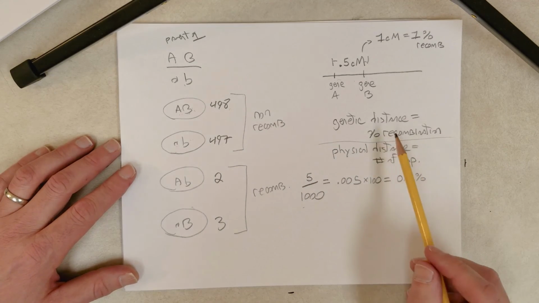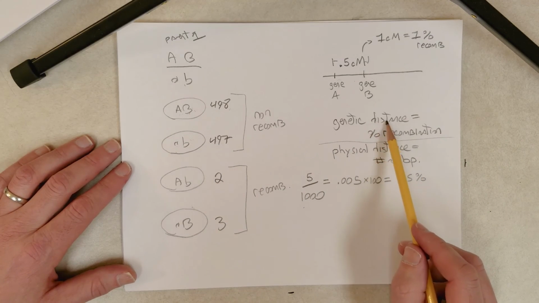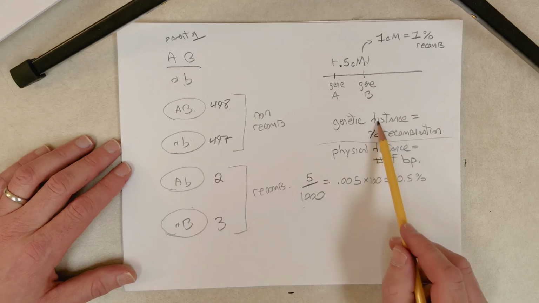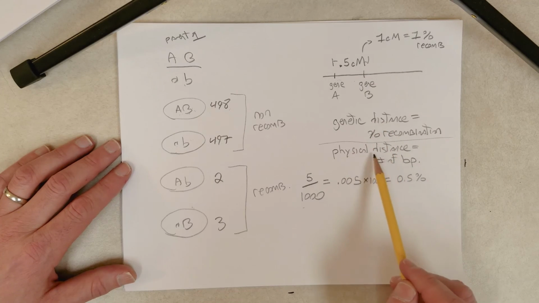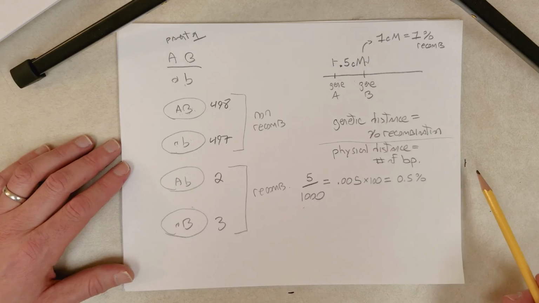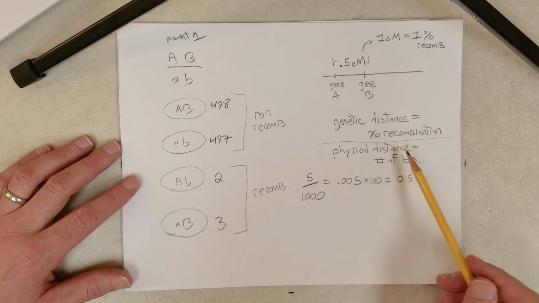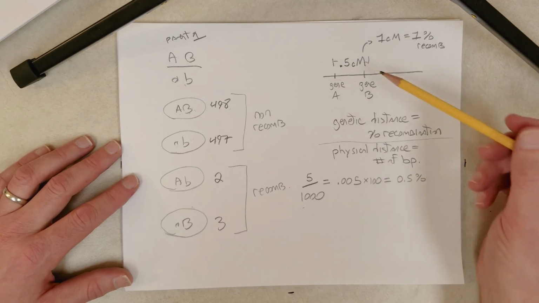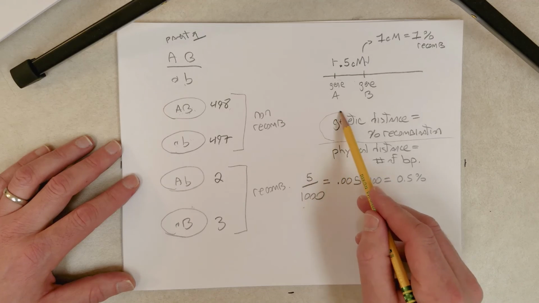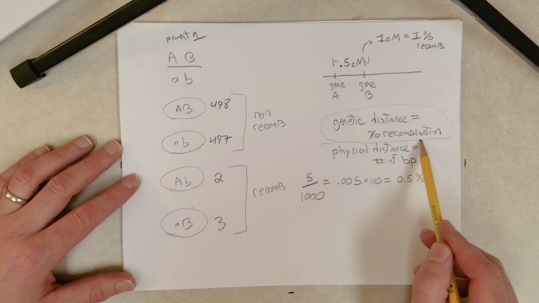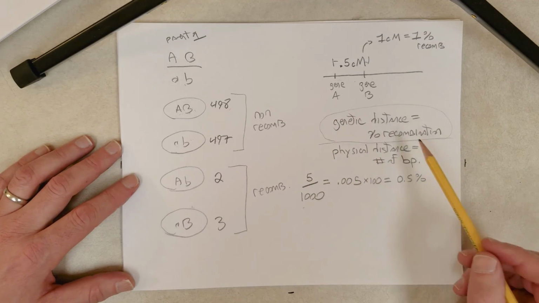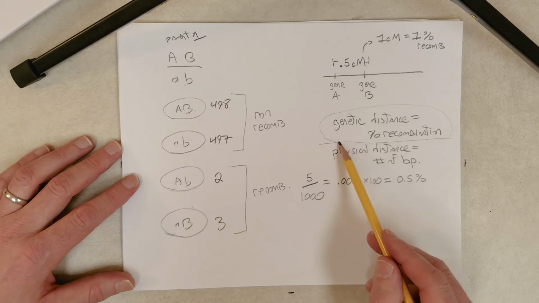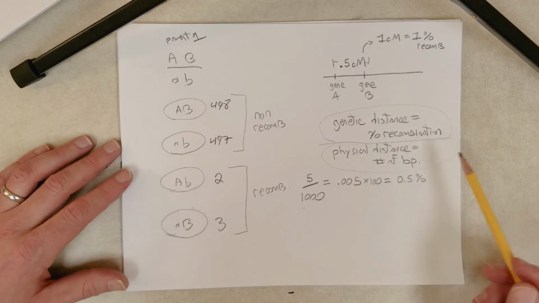Well, for one reason, this calculation of genetic distance came about before we even knew the structure of DNA, before we even knew what a base pair was. So genetic distance came way before, maybe 30 years or something before physical distance measures became possible.